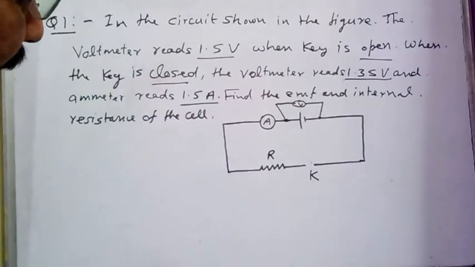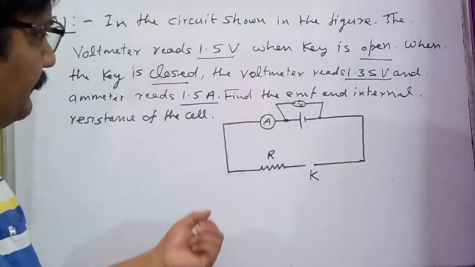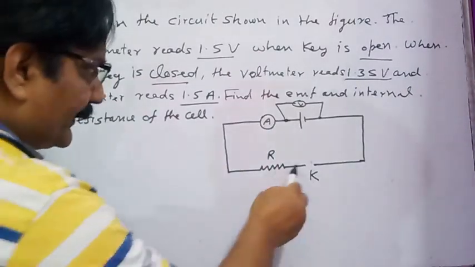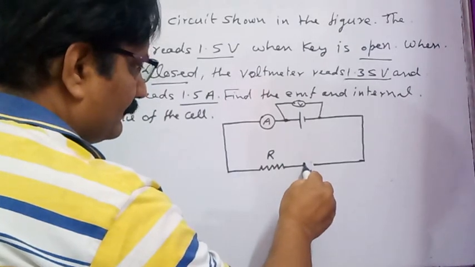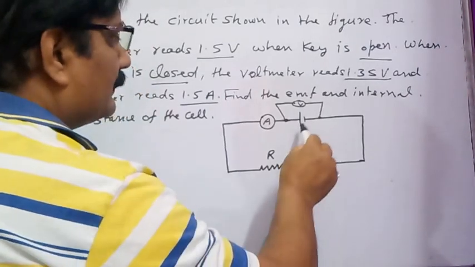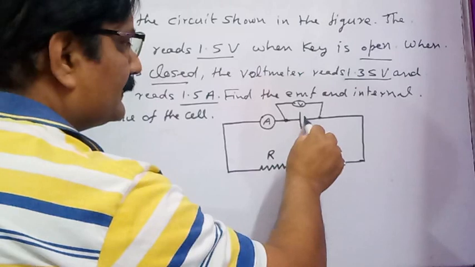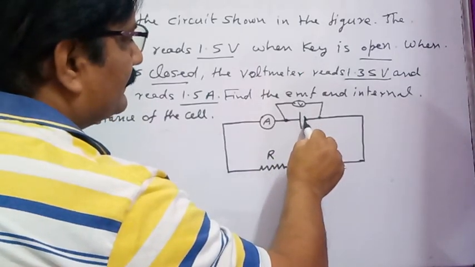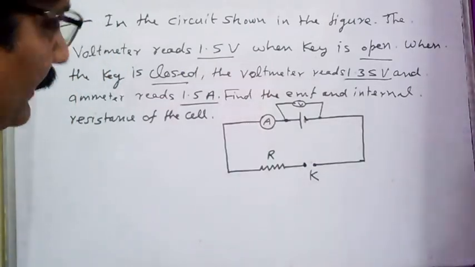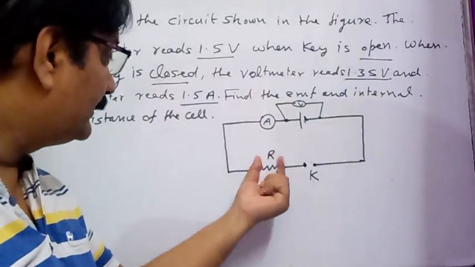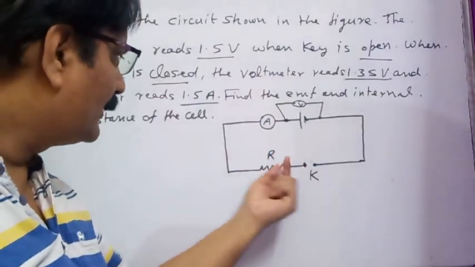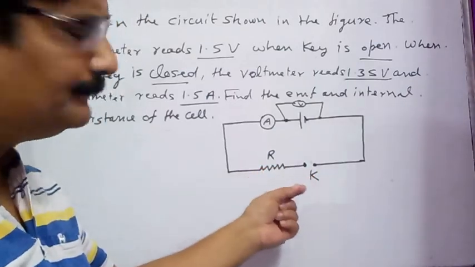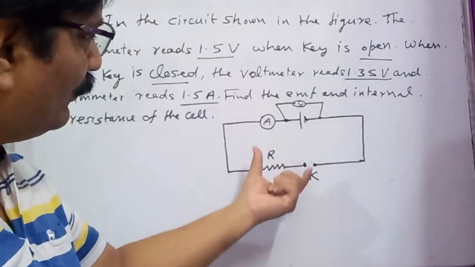This is the question. Students, when the key is open, the reading of the voltmeter in that condition is going to be the EMF of the cell connected in the circuit. In that condition, no current is being drawn from the cell, or no current is flowing in the circuit, or the cell is in open circuit.